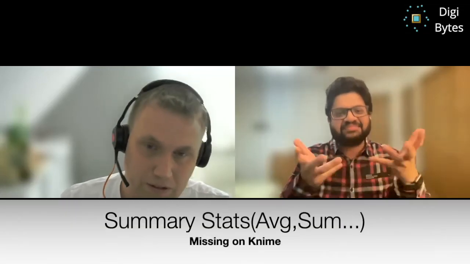Is it a string? Is it a Boolean? And so on. Then you see the average value, for example, if it's an integer, what is the sum of the whole column? So you get to know your data a little bit. That's what I'm missing in Knime, for example. So they need to know how to define what the average is, and maybe have a little bit of interest in data mining, let's say it that way.